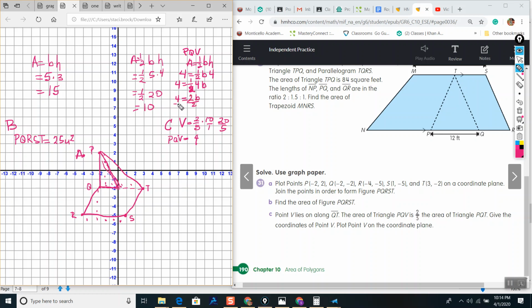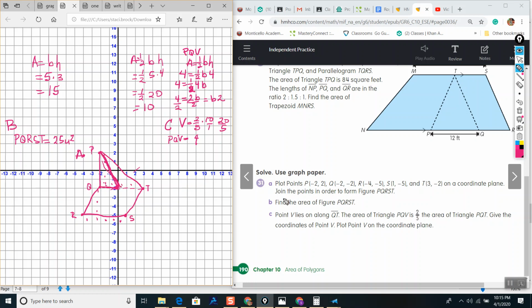Divide both sides by 2. We have a base of 2. Okay, so we have a base of 2. So from point Q, I'm going to count over 1, 2, and I'm going to put my dot right there. Oh my gosh, it's almost like I knew where it was going to be. Okay, so this is my triangle right here.